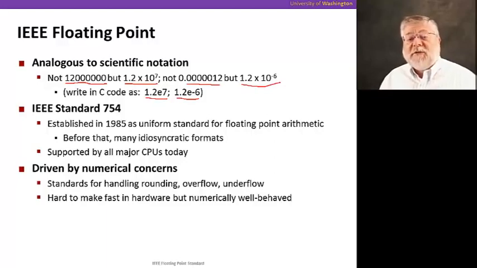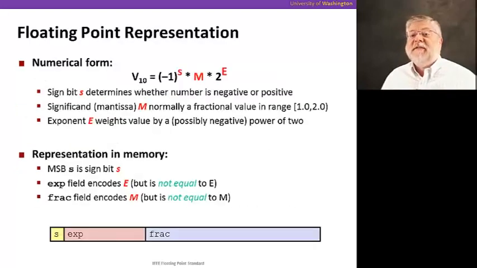The standardization was really driven by numerical concerns: standards for handling rounding, overflow, and underflow, representing things like division by zero, and so on. It ended up creating a standard that is very hard to make fast in hardware, but is numerically very well behaved. Those concerns dominated that standardization effort.